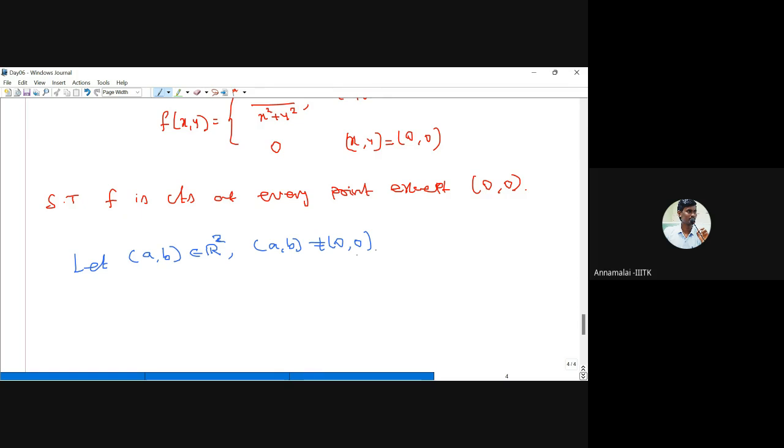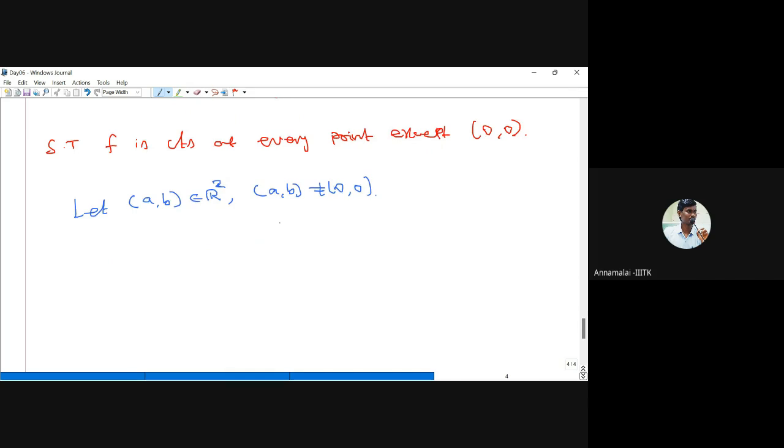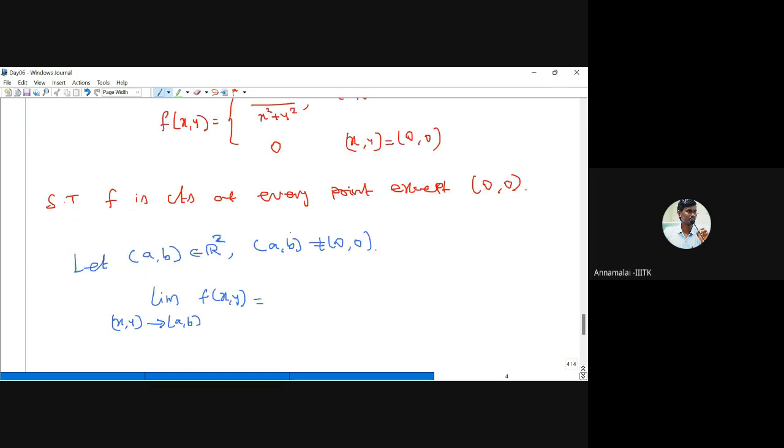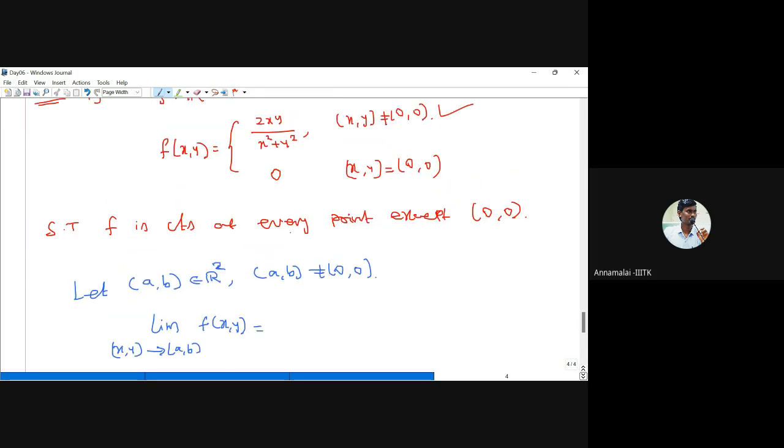Now we have to show that this f is continuous at the point a comma b. So that means we need the limit as x comma y approaches a comma b of f of x comma y. We can directly substitute the values a, b. So we get 2 times ab by a square plus b square, which is nothing but f of a comma b, because in the denominator a square plus b square is a non-zero number, since a comma b is non-zero, so it is a well-defined number.